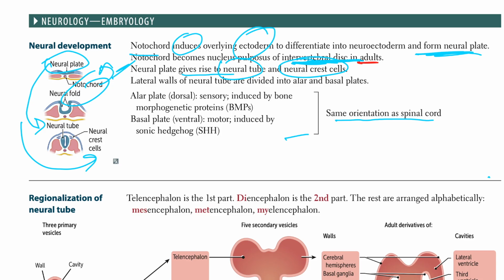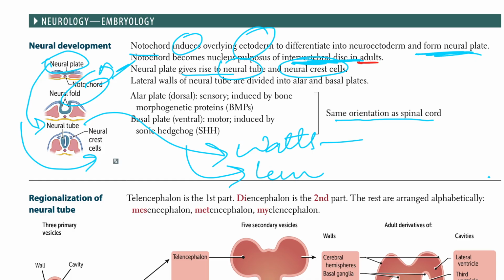What is neural tube going to do? Let's just put it here. We have the walls of the neural tube and the lumen. The walls are going to form the whole CNS, central nervous system, and the lumen is going to form all the open part, which is the ventricles and the spinal cord canal. And what about these peripheral neural crest cells?